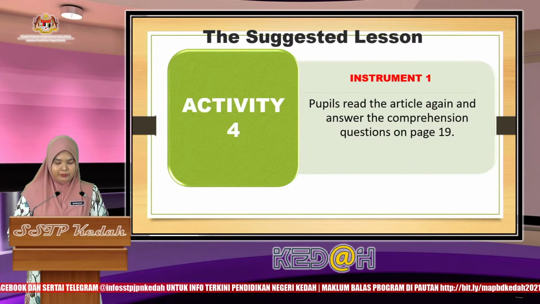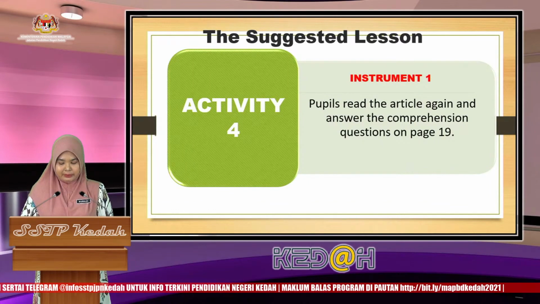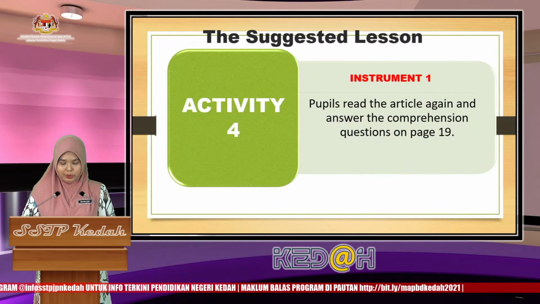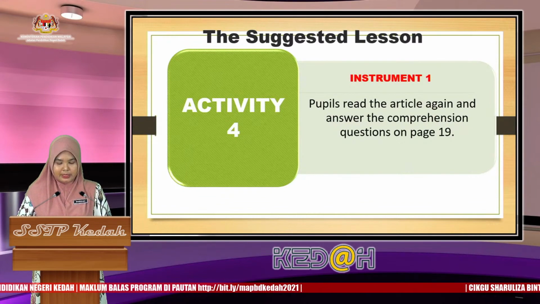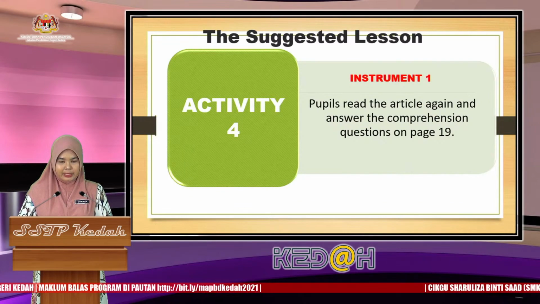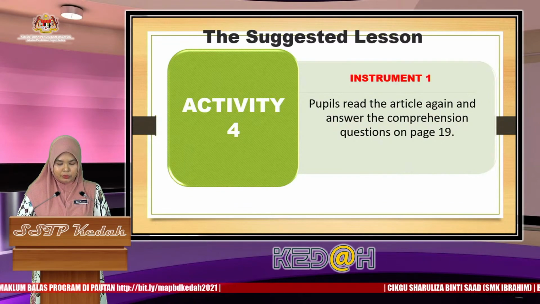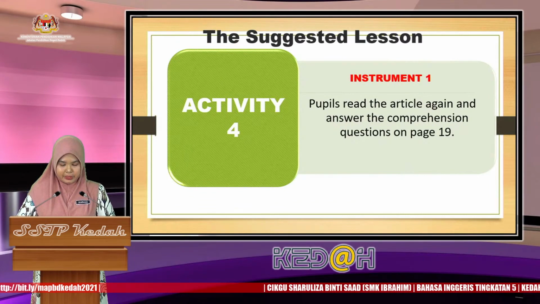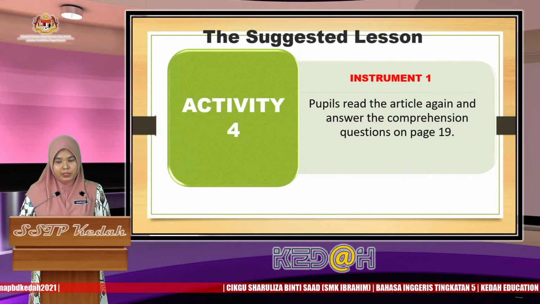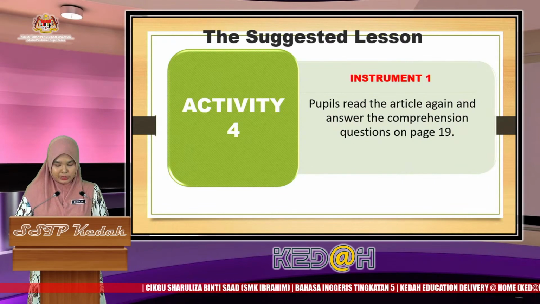And in activity 4, here is the main activity in which I will be doing the assessment. Pupils are to read again the article and answer the comprehension questions. The method of assessment that I will use here is oral assessment, written assessment, and my own observation. The instrument used is the exercises from the textbook.